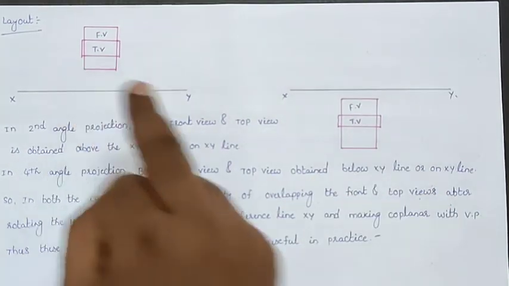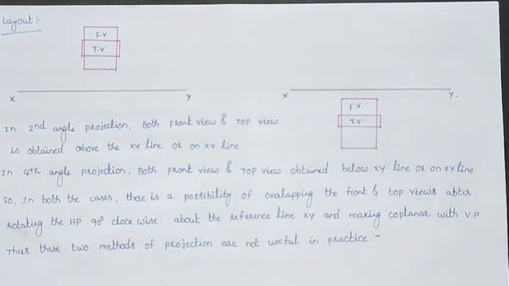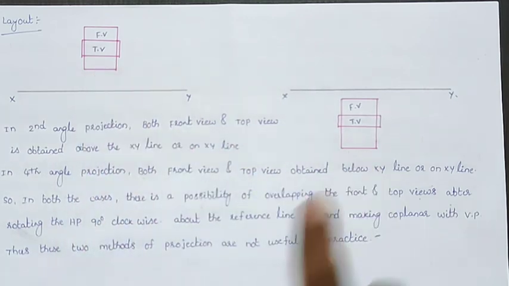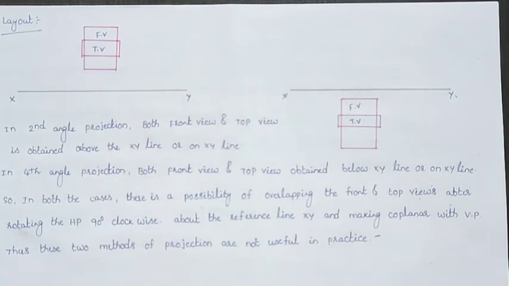From these second and fourth angle projection methods, in both cases there is a possibility of overlapping of the front view and top view, after rotating the horizontal plane 90 degrees clockwise about the reference line XY and making it coplanar with the vertical plane.